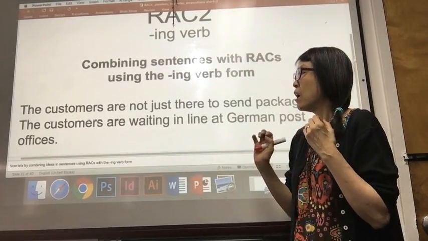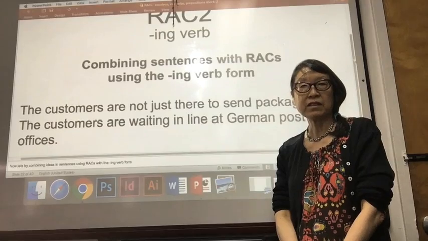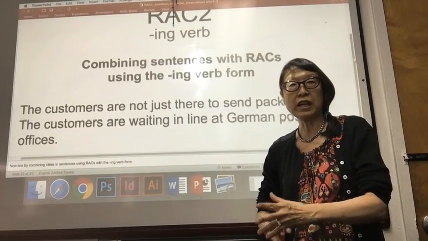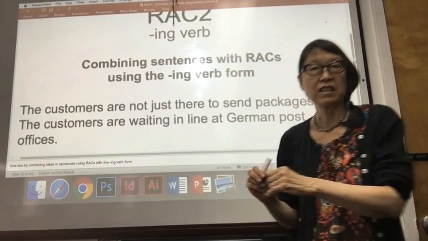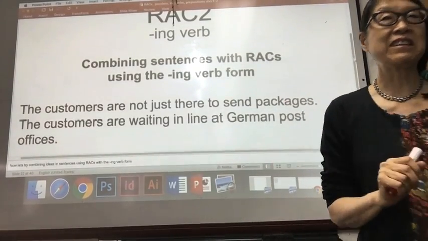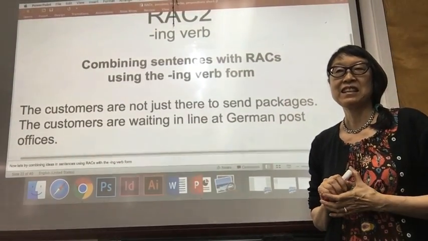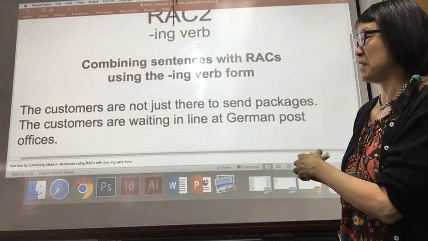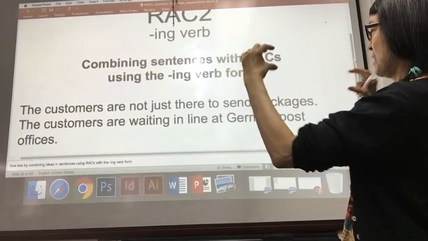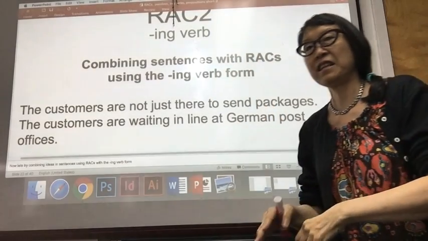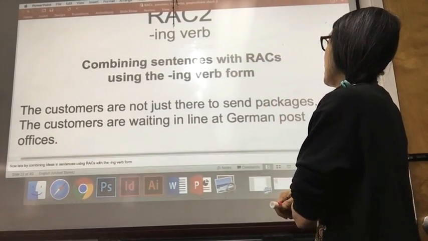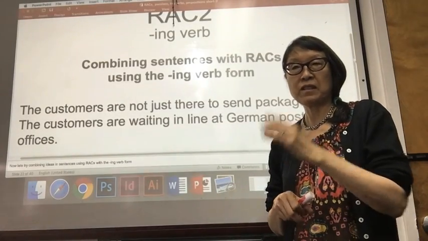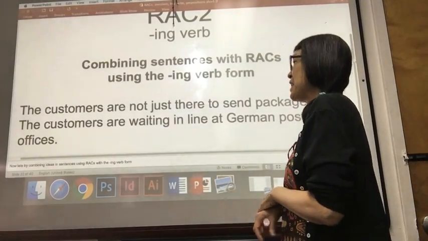And then what do we look for next? Okay, hold on there. You're jumping ahead. We should take out the helping word. But first we're going to look for what? The adjective clause. And then what are we going to do to it? Take out the helping verb.